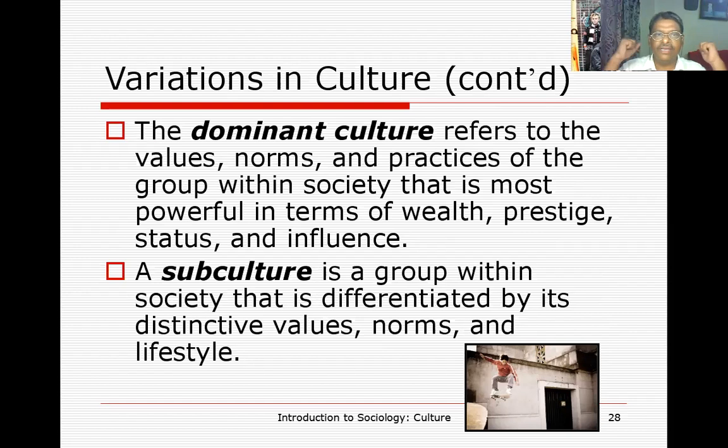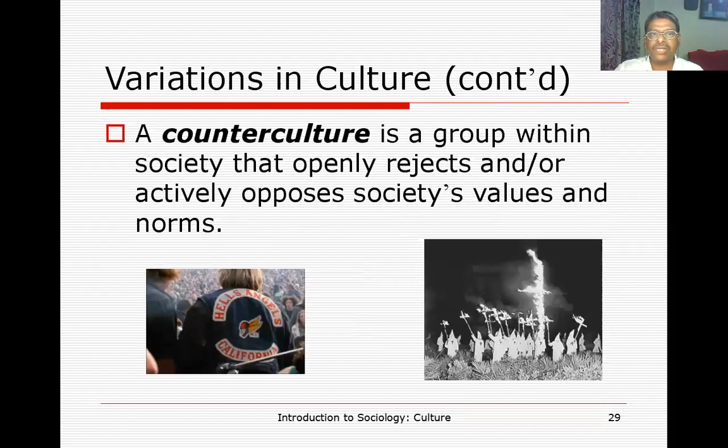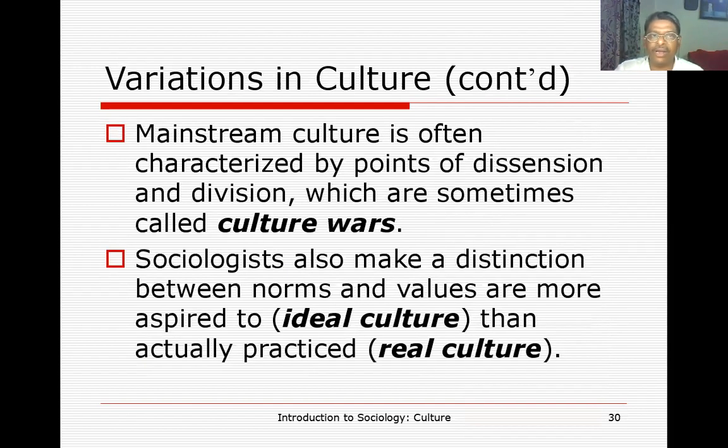Dominant culture, subculture, and then counterculture. A counterculture is a group within society that openly rejects and or actively opposes society's values and norms. We're going to study all of them from the biblical perspective.